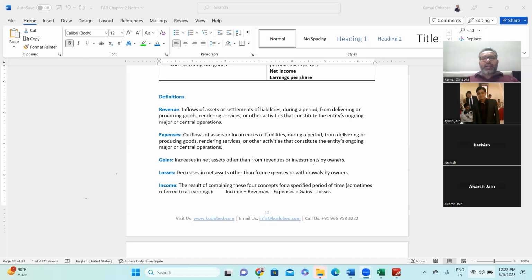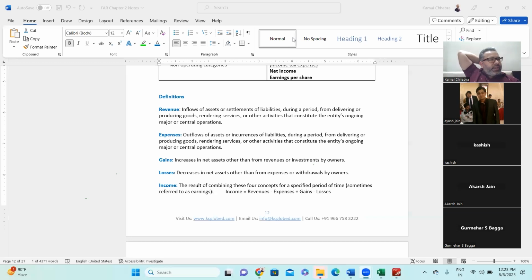But gains come from other than business activity, like sale of investments or sale of property, plant and equipment. Those items may result in a one-time gain. But if trading property or stock is your business activity, then it is your normal revenue. Make sense?